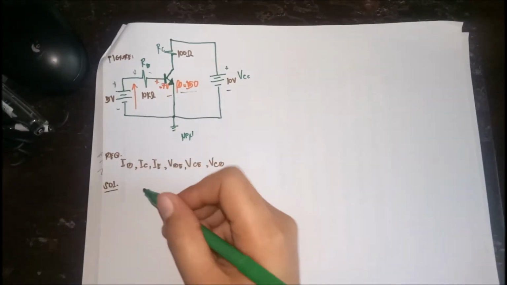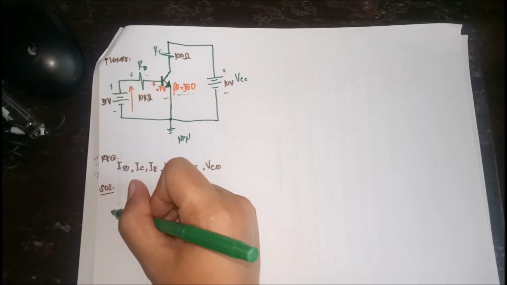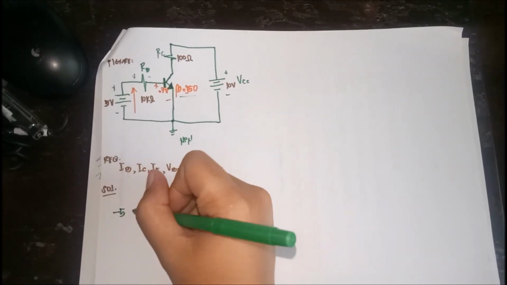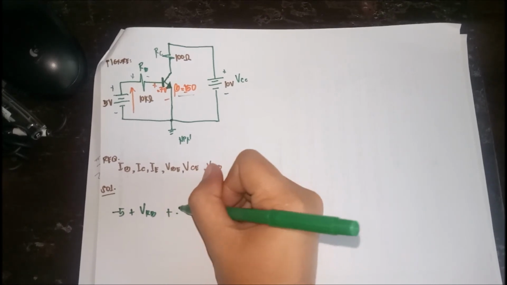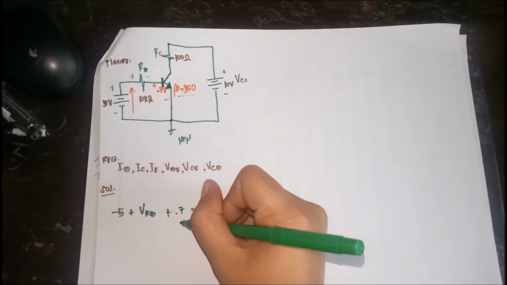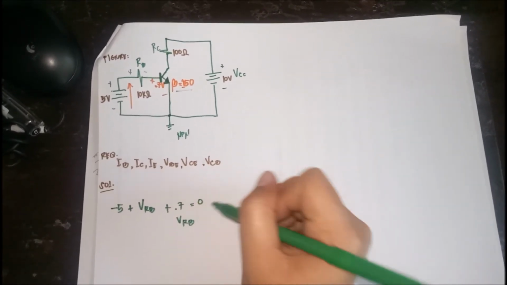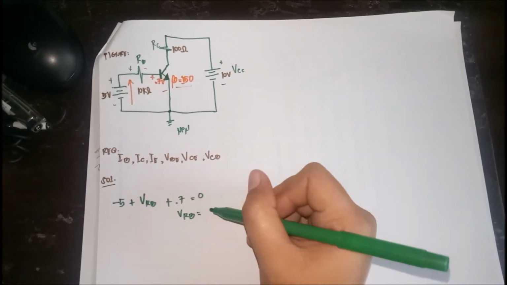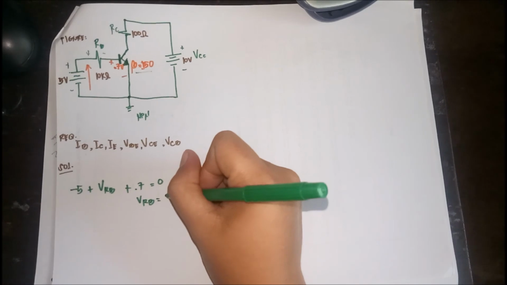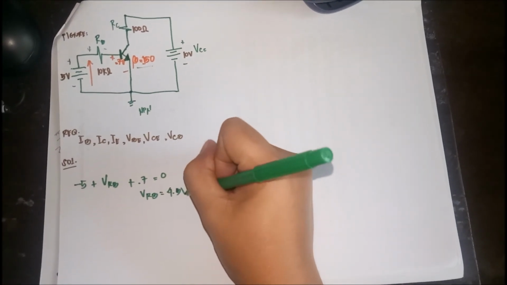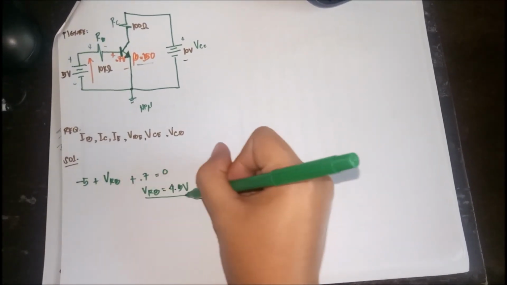Okay, now I'm gonna do the loop. So KVL, this would be negative 5 plus VRB plus 0.7 is equal to 0. That gives us VRB, which is equal to, of course, 4.3 volts. This is VRB.